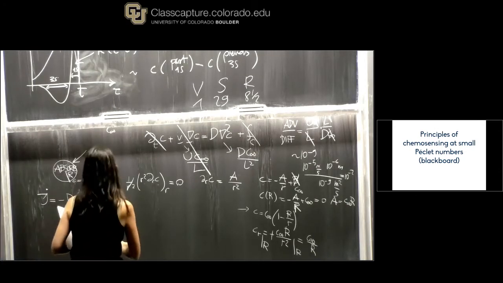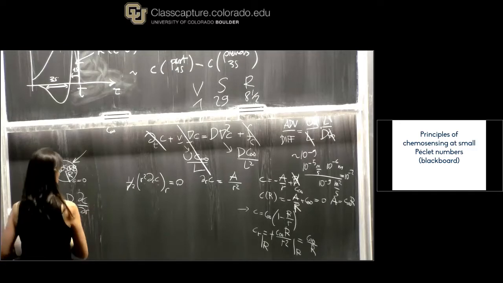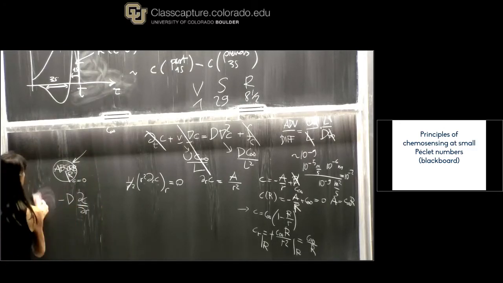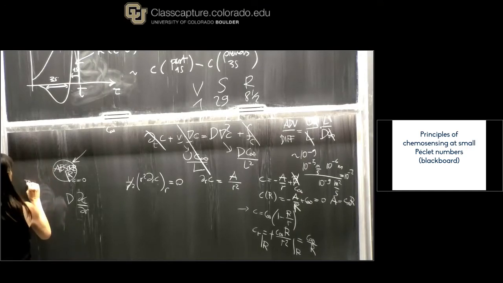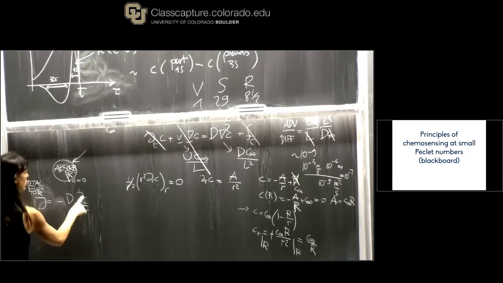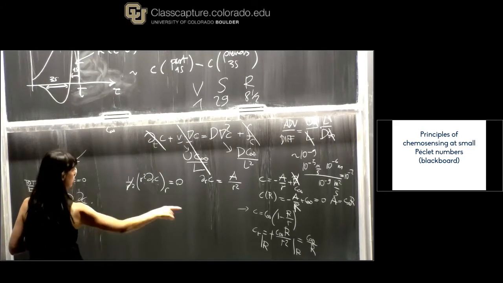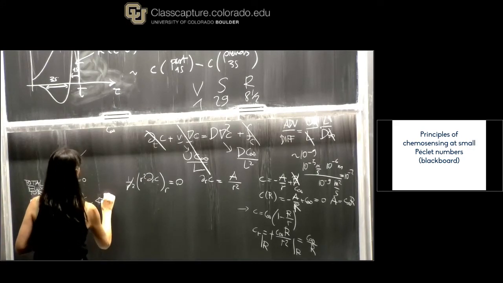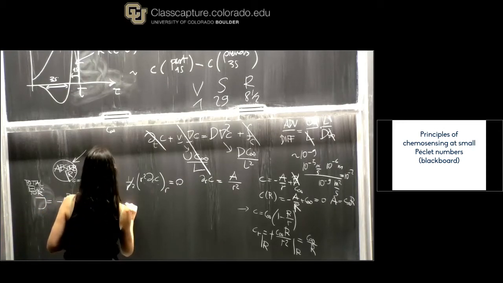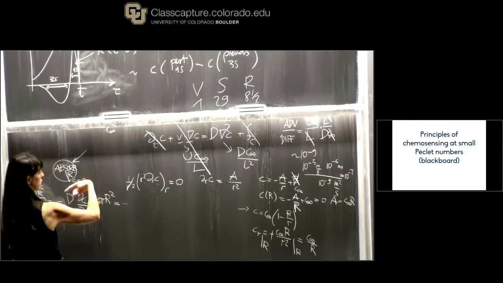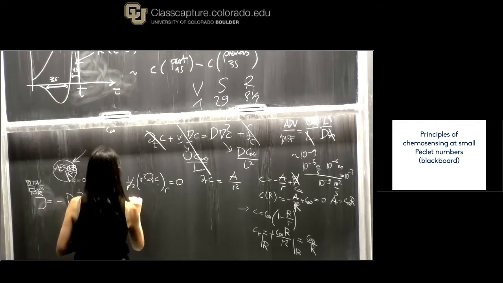This is all very good. So now let's just calculate the total flux to R, and we'll call it big J, equal to minus D times this. Since this only depends on R, it's constant, and the minus sign is just because the flux is coming in. Okay, so that's right.